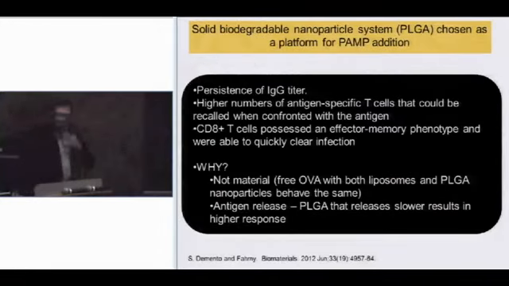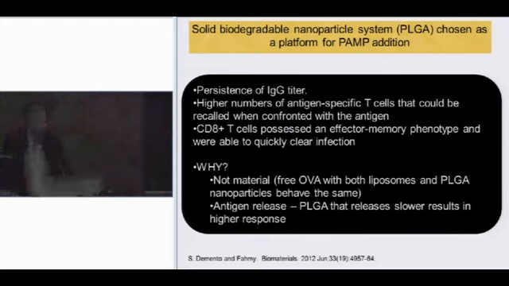I'm going to stop here with the vaccine story and just summarize really quick points. What we notice is that with these slow-releasing systems, you get persistence of antibody. The antibody is actually present over longer periods of time with slow-release antigen availability.